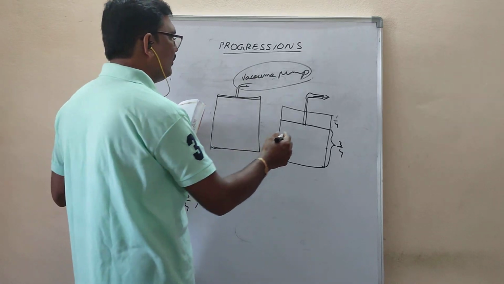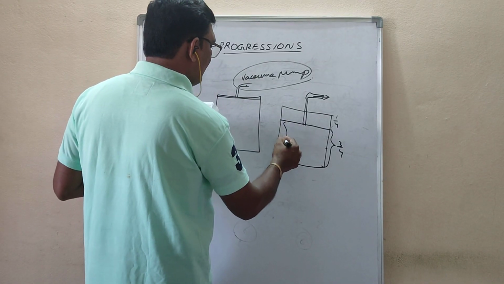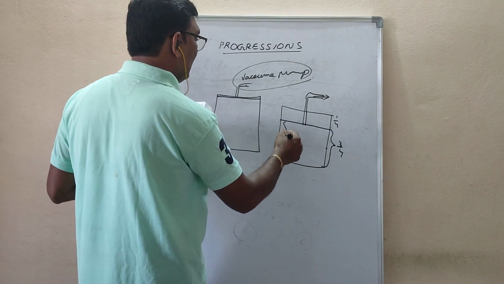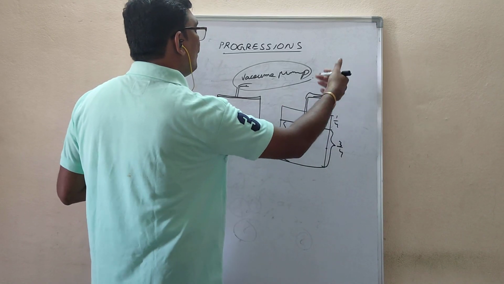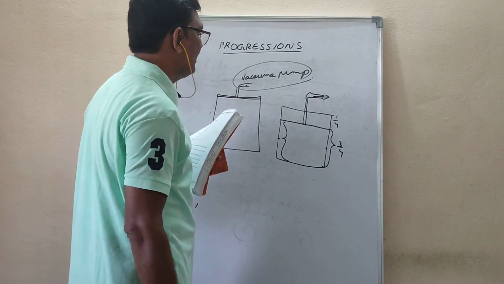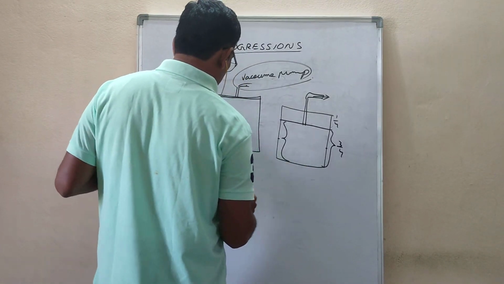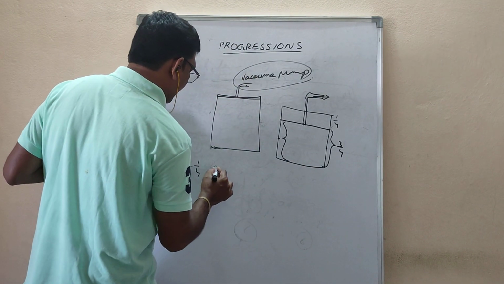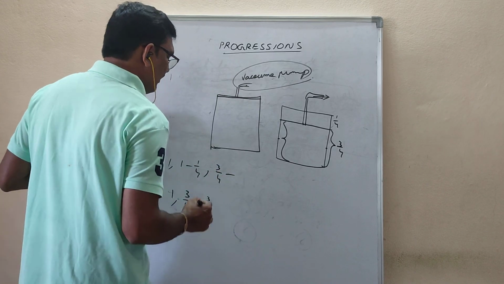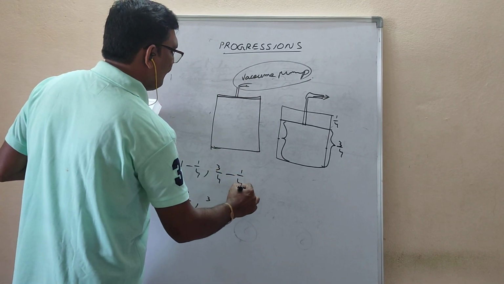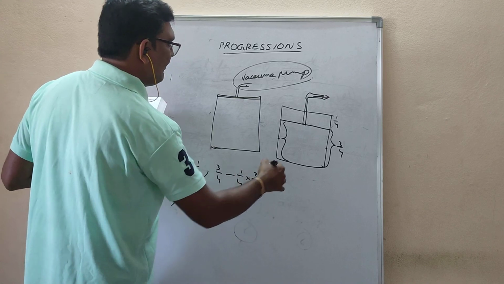Again what you have to do? This you have to take as full. Third time if you switch on the vacuum pump, what happens is, how much remained? 3/4 is remaining. From this, 1/4 of 3/4 will be evacuated.